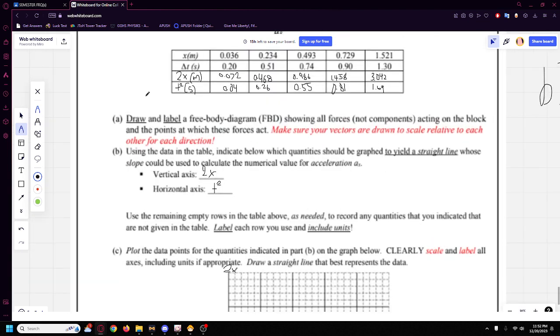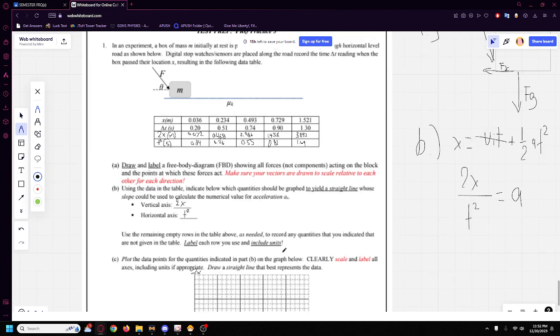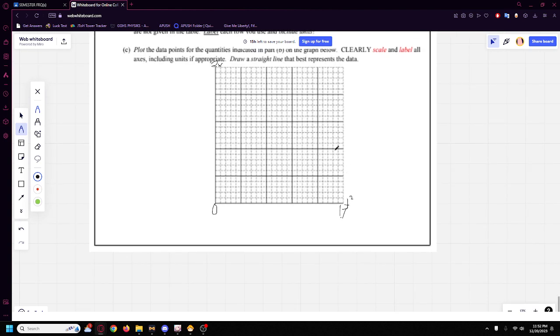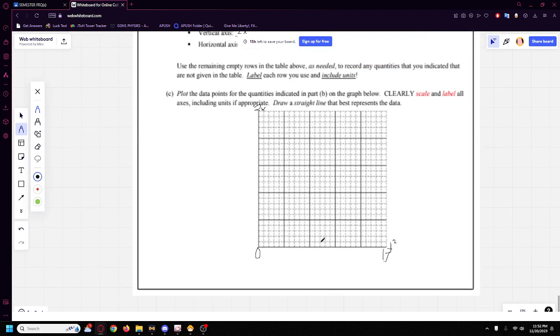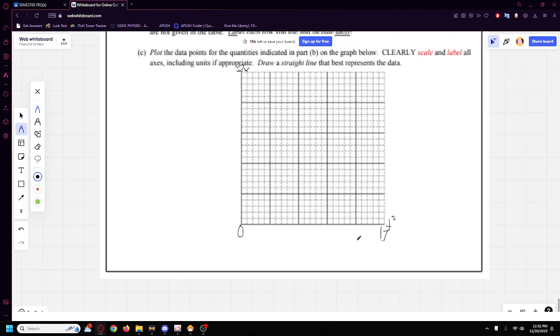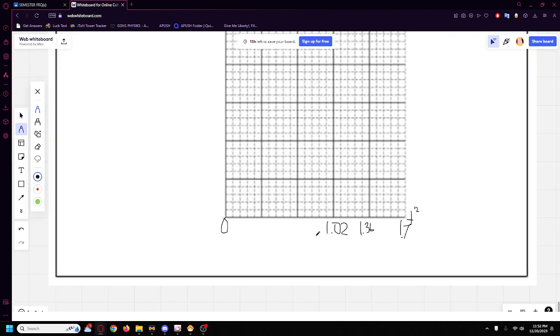So time goes from, so this is 0, let's say this is 1.7, 1.36, 1.02, 0.68, and this is 0.34.